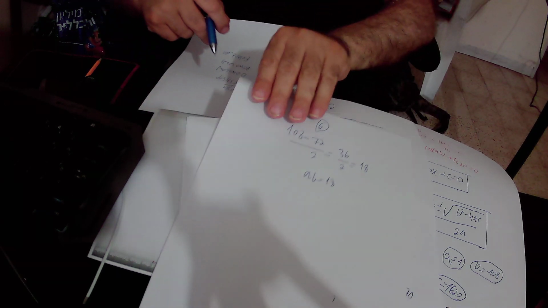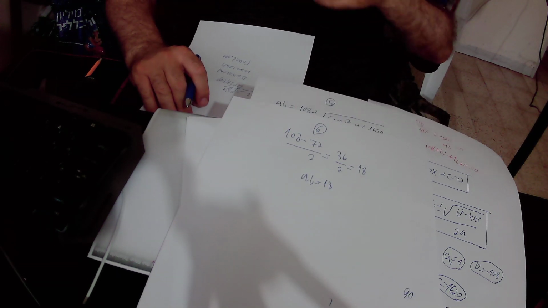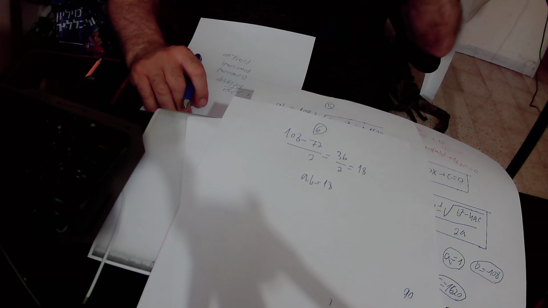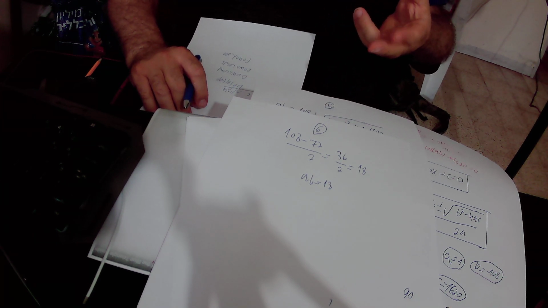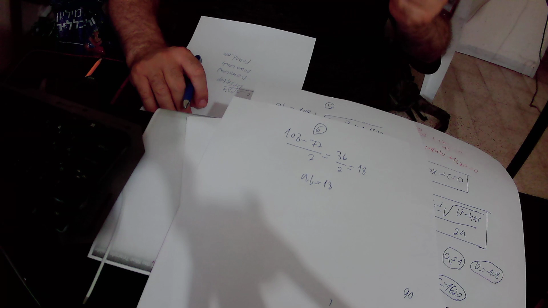So the second solution for AB, that is the area of the rectangle, is 18.